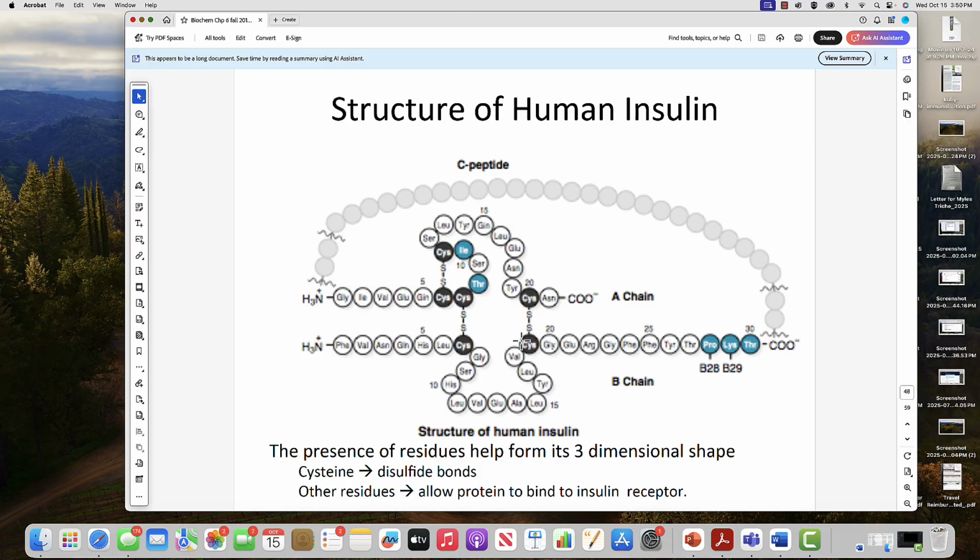At least 3 disulfide bonds in this protein structure of insulin. And this allows it to have its 3-dimensional shape. The other residues allow proteins to bind to the insulin receptor. So understanding its amino acid structure also allows us to understand how it can interact with other proteins and also receptors.